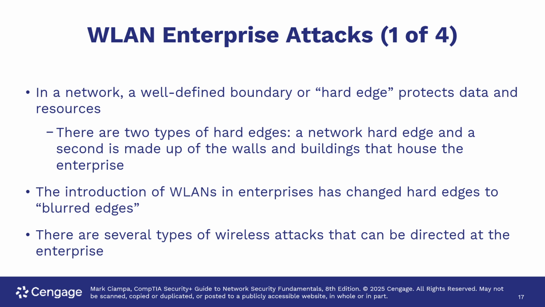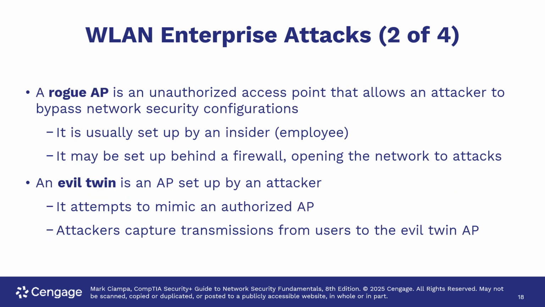So there are several types of wireless attacks that can be directed at the enterprise. You have what's called a rogue access point, or rogue AP. It's an unauthorized access point that allows an attacker to bypass network security configurations. It's usually set up by an insider, an employee.